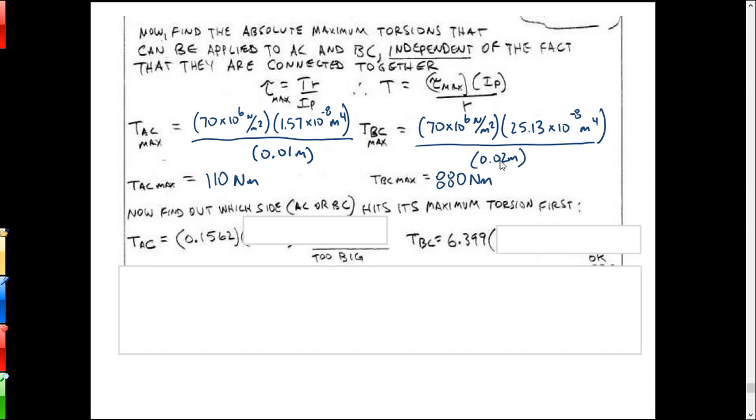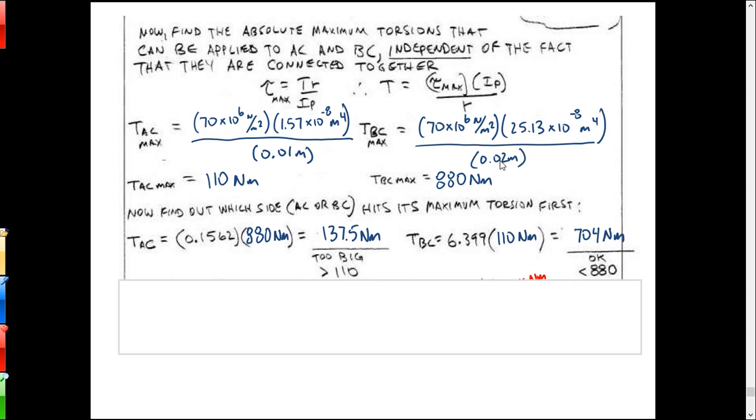Because I know that TAC is 0.1562 times whatever TBC is, okay? So if TBC hits its maximum, which is 880, so if the shear in BC goes up to 70 megapascals and the torsion's at 880, those two would happen together. What's going to happen is if that occurs, the torsion in AC will go up to 137.5.